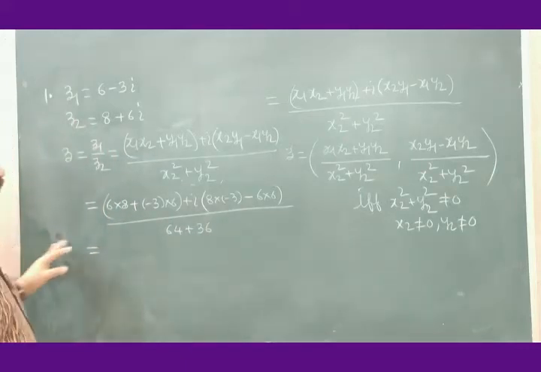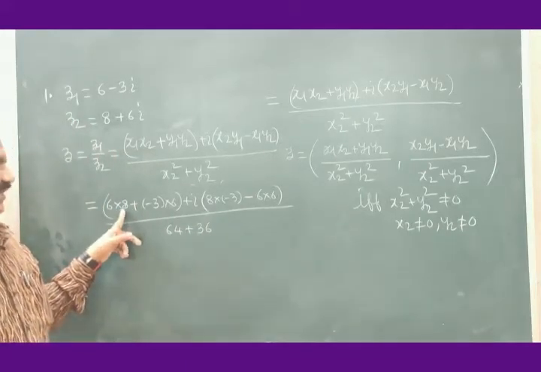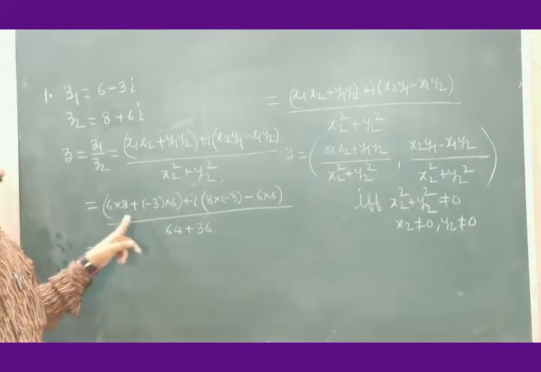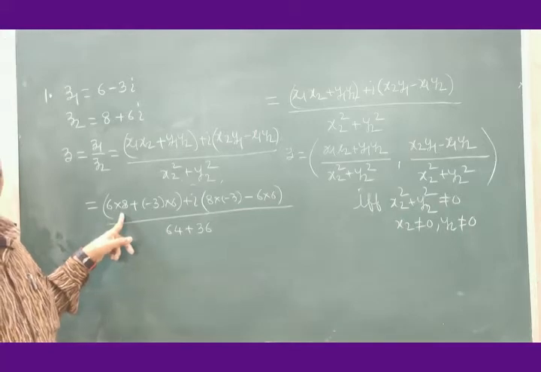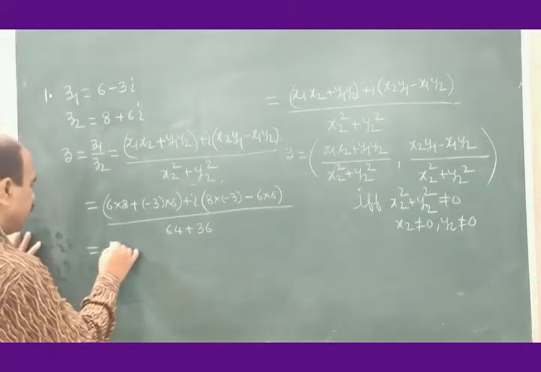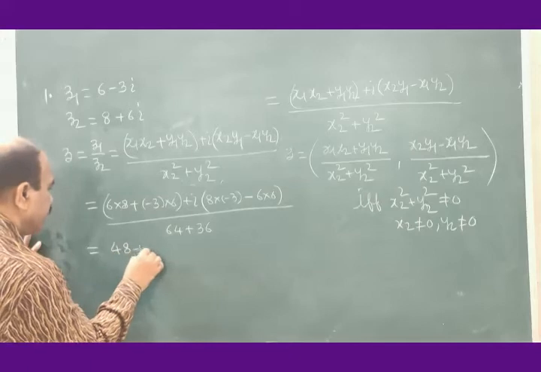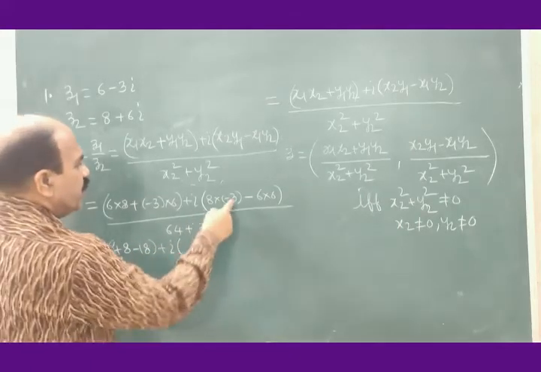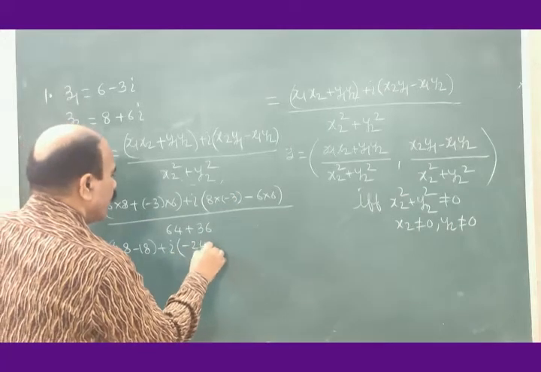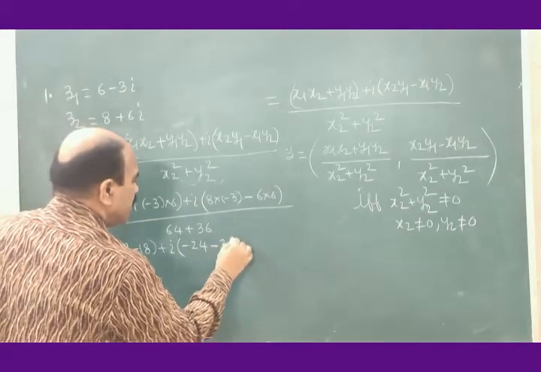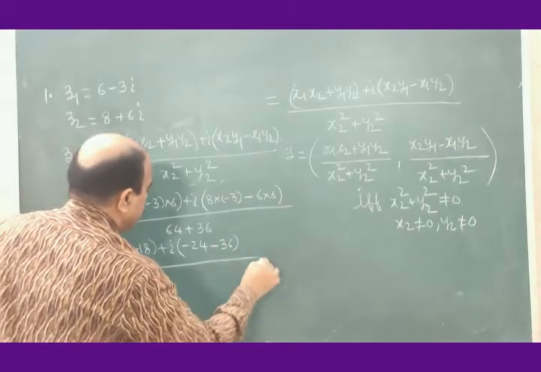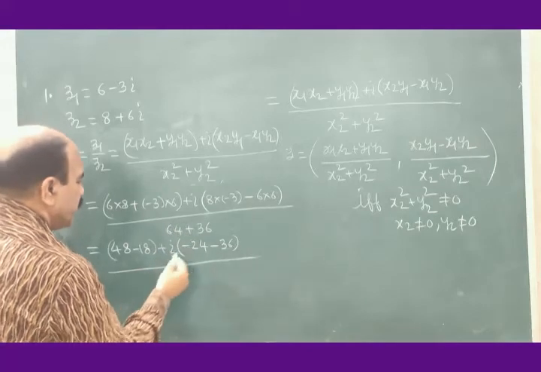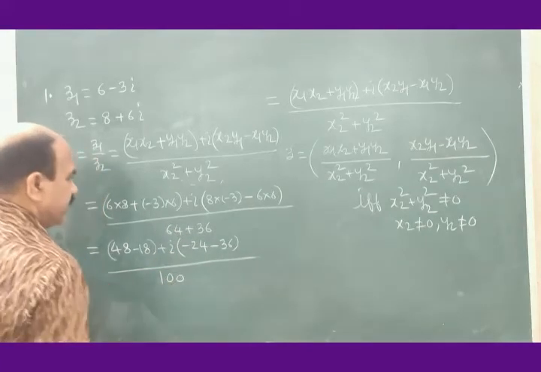This is equal to 6 8s are 48, 3 6s are 18, 18 is minus, 48 is plus, so 48 minus 18 in one bracket, plus i into 8 3s are 24 minus 6 6s are 36, divided by 64 plus 36, it is 100.